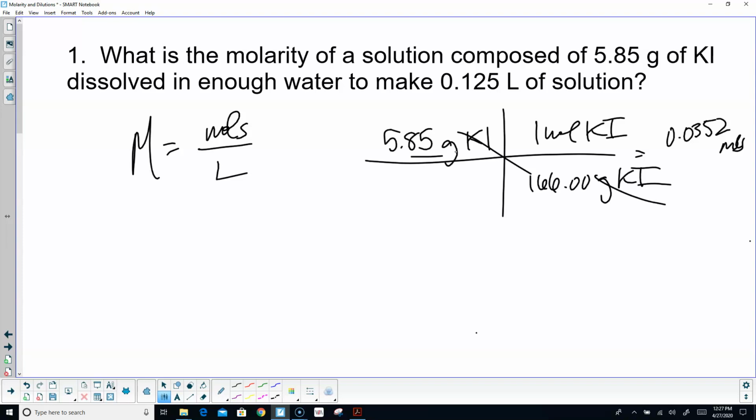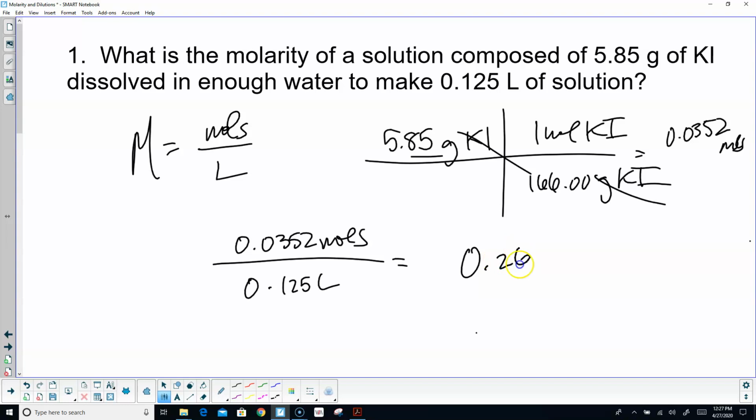Now I know the moles and I know the liters, so I just divide 0.0352 moles by 0.125 liters. And when you divide that with sig figs, it should be 0.260 molar, the concentration of your solution.